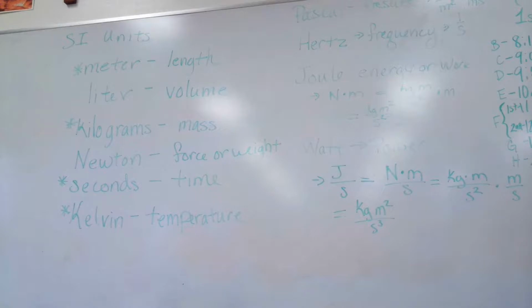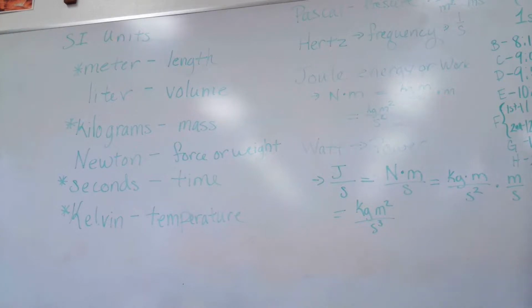They still use stones sometimes. To hear some British YouTubers say, I weigh like 9 stone or something like that. That's a measurement of weight. Stones, I think, are about 14 pounds. Cool? Okay. Those are not SI units, but they're just fun units to talk about. Any questions? No? All right.